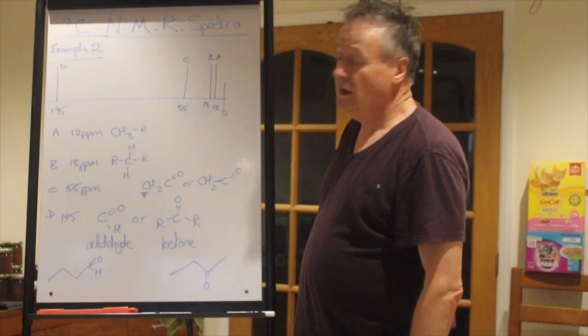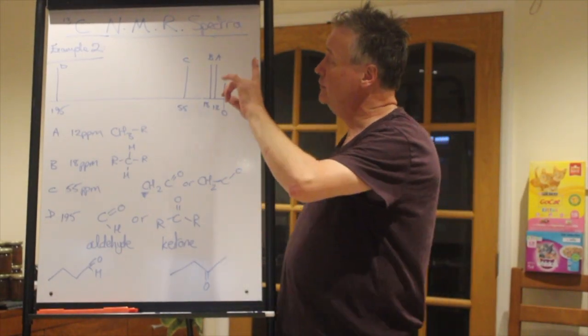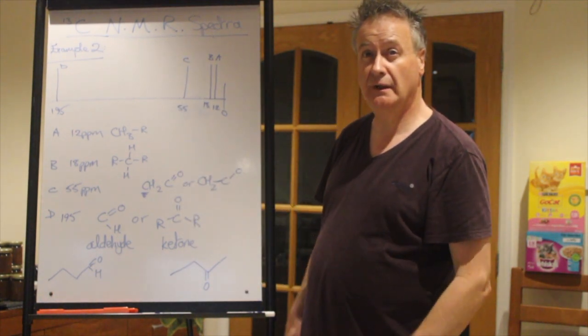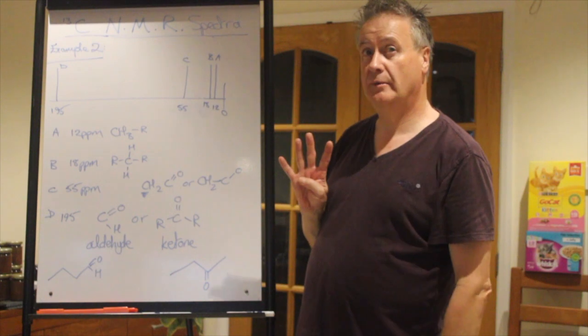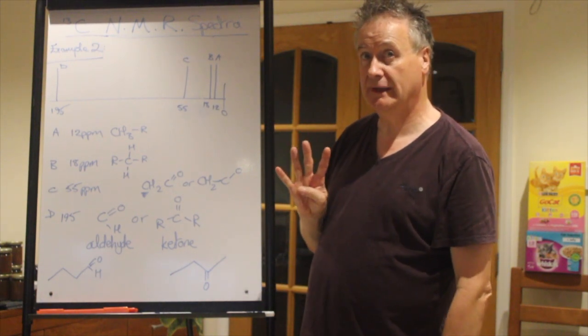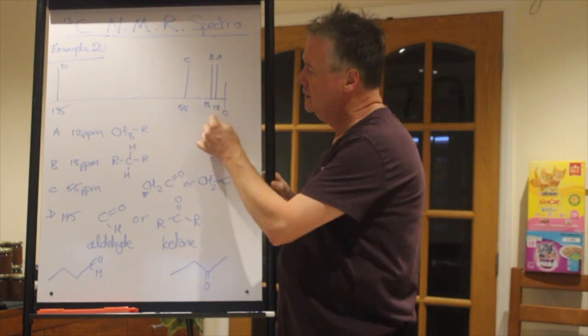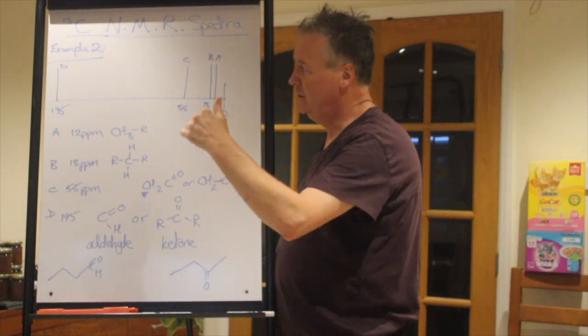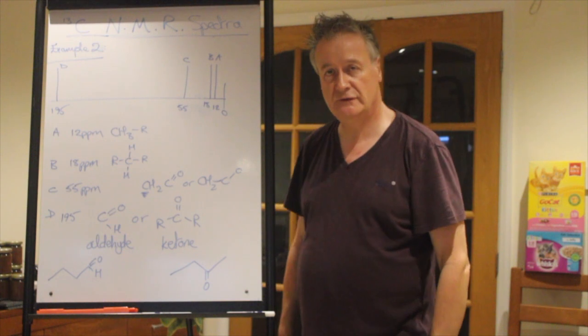So, slightly more complex now. Sample 2, 4 peaks, all the same height, meaning 4 carbon environments, none of them duplicated. The numbers are written underneath as 12, then 18, then 55, then 195.